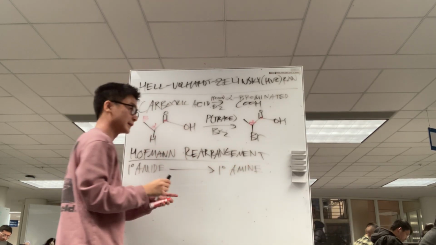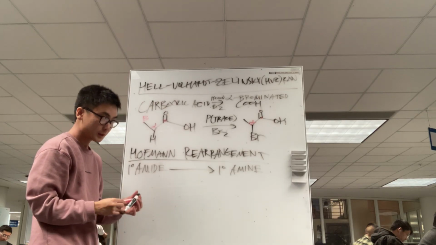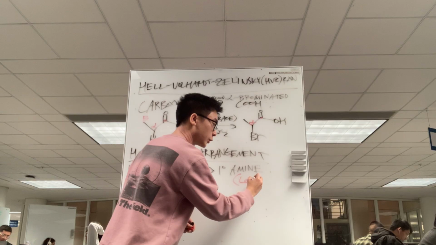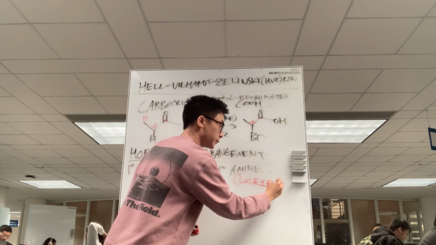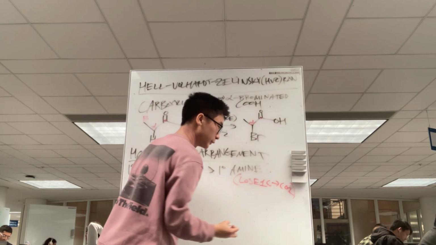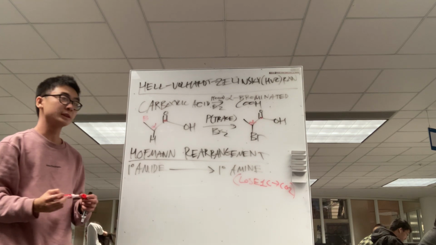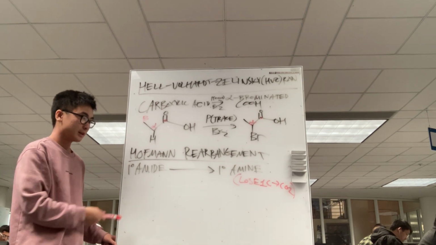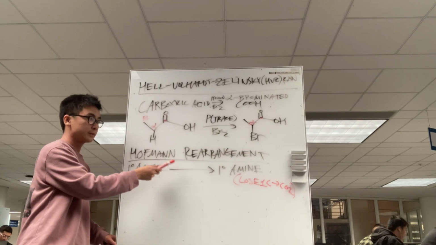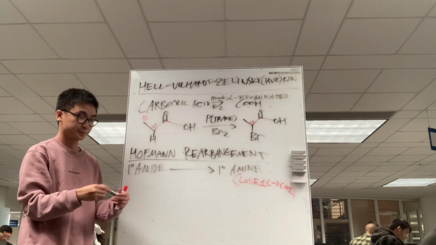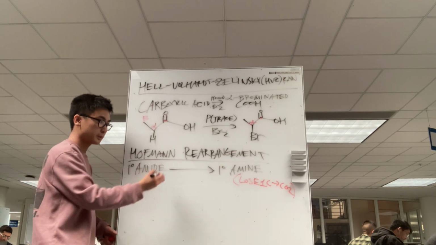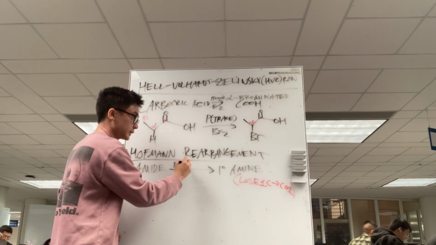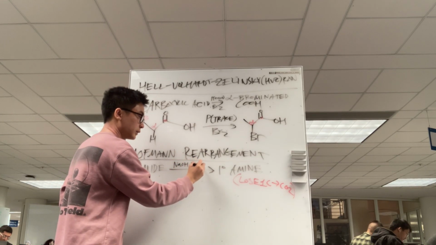And this reaction here is very powerful because it will lose one carbon. That one carbon will be in the form of carbon dioxide, CO2. So in synthesis, when you see one less carbon and you're working with carboxylic acid derivative chemistry, know that you're going to do a Hofmann rearrangement. And the reagents for this are going to be NaOH, Br2, and water.